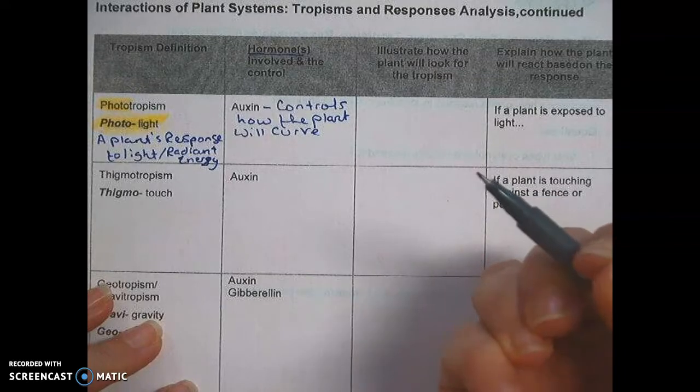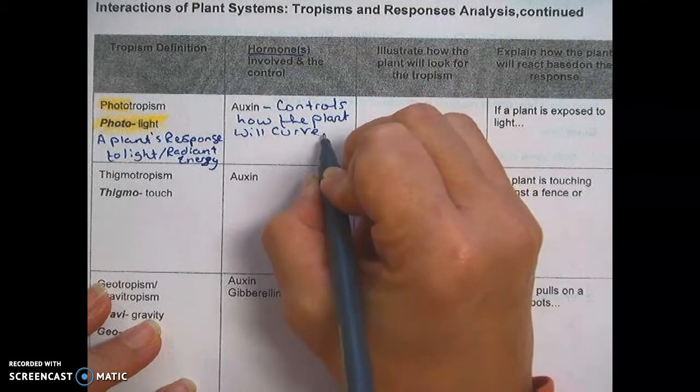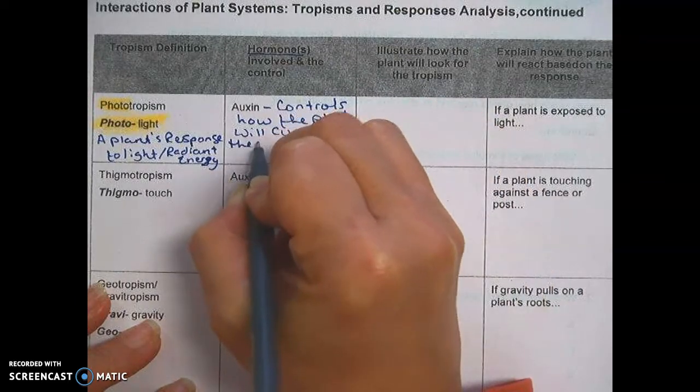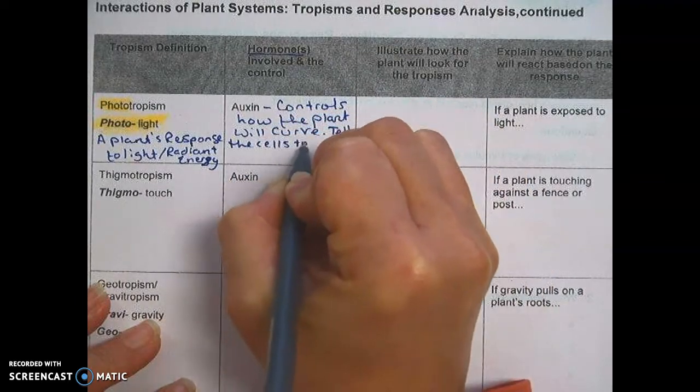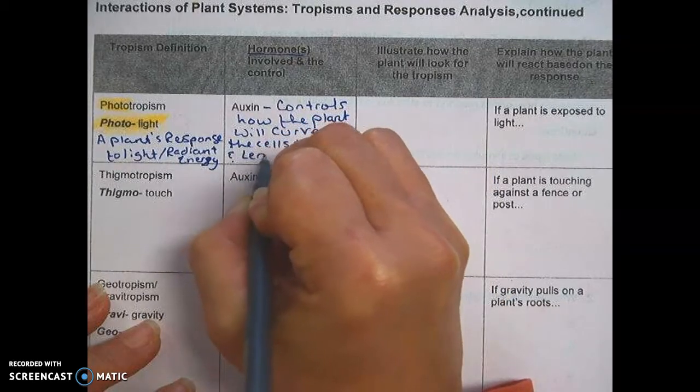It tells the cells to grow and lengthen.